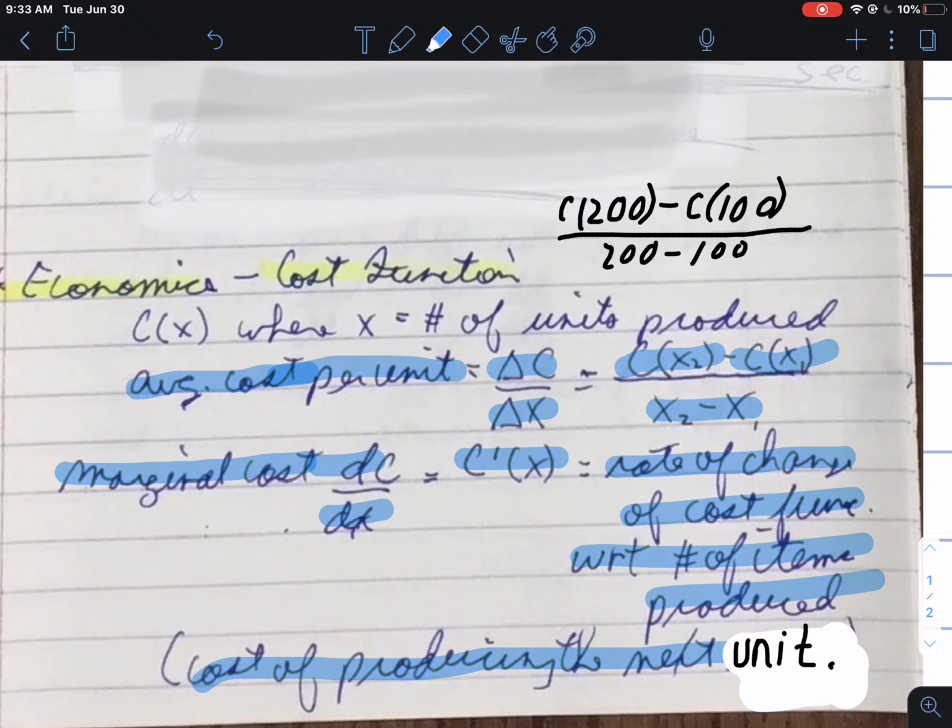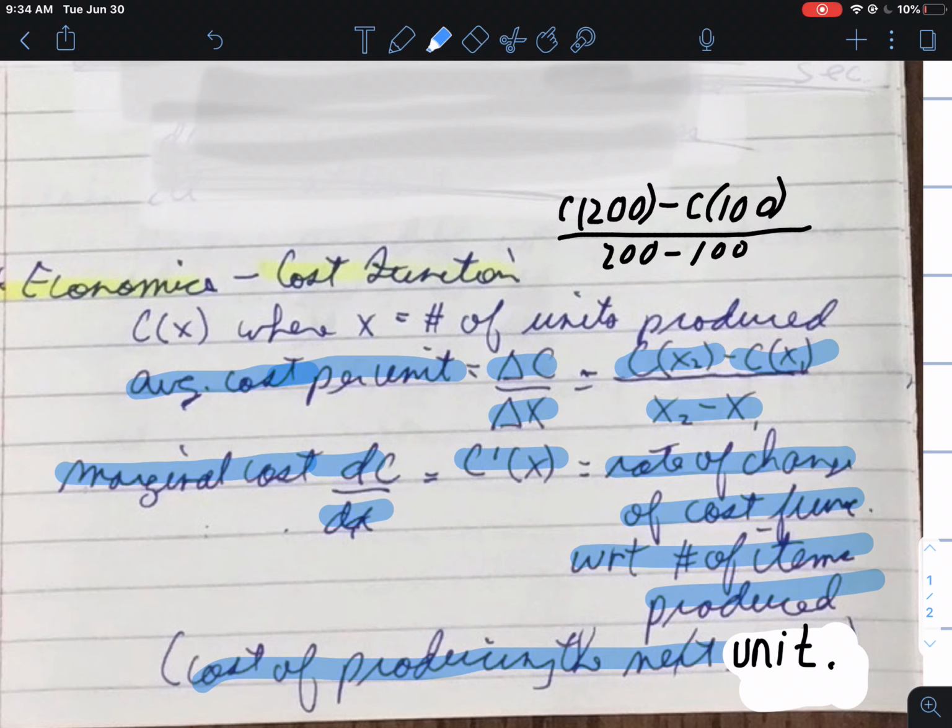But this question would be something like, if you produce 100 units, what would be the cost of producing the 101st unit? If you produce 200 units, what would be the cost of producing the 201st unit? How much is it going to actually cost to produce the next unit? Not just the average cost, because the average cost takes a lot of things into consideration.